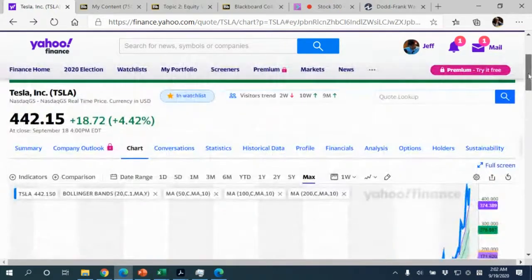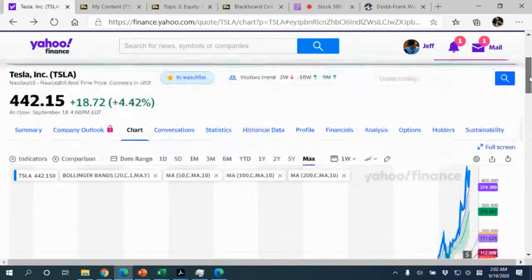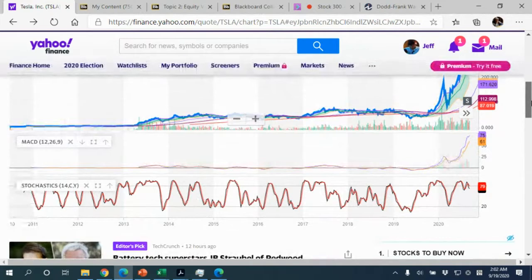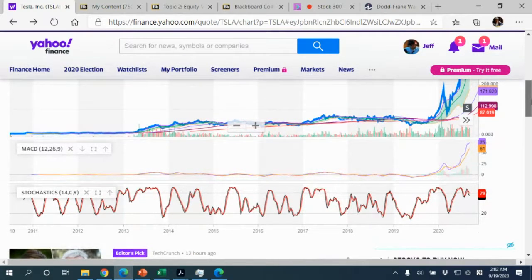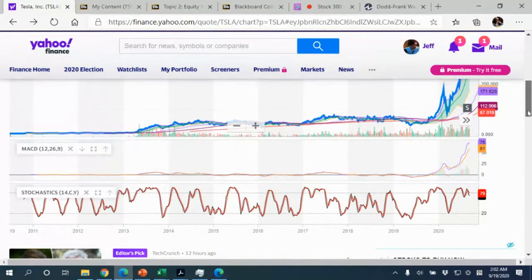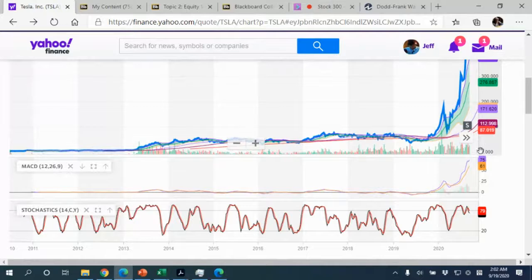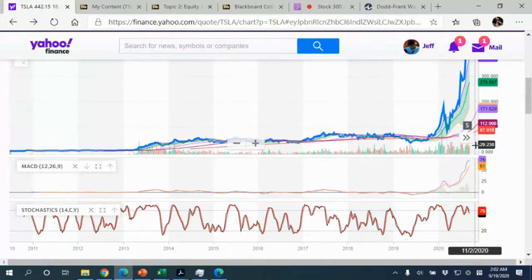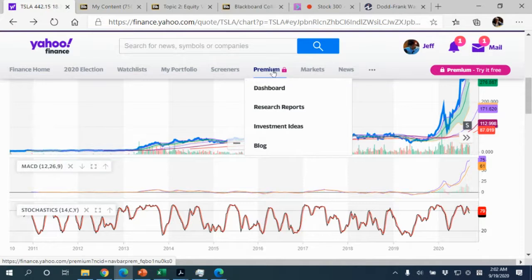As of the last trading, it was 442, September 18th, 4 p.m. But there was a time they were like, this was about $20-something, adjusted to the post-split price.